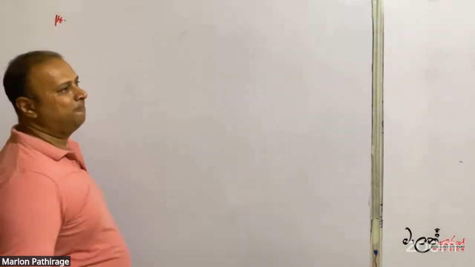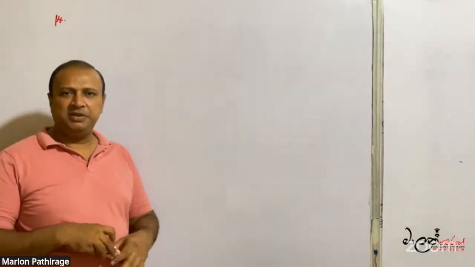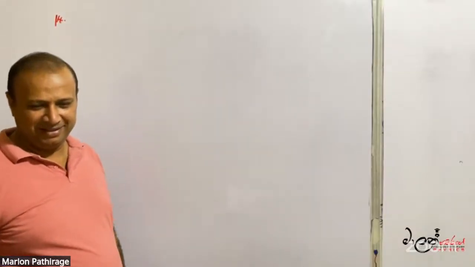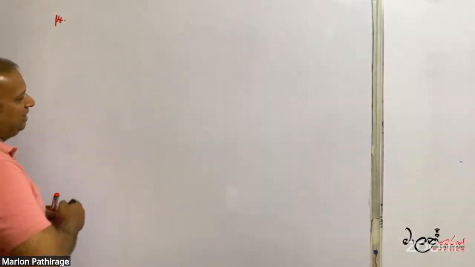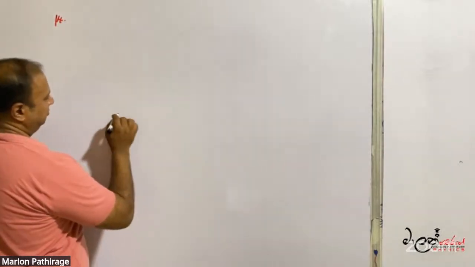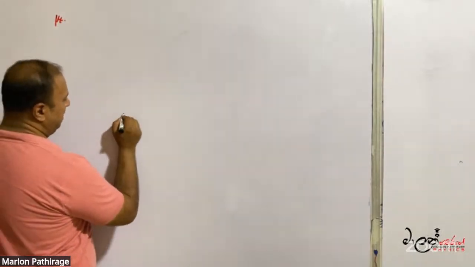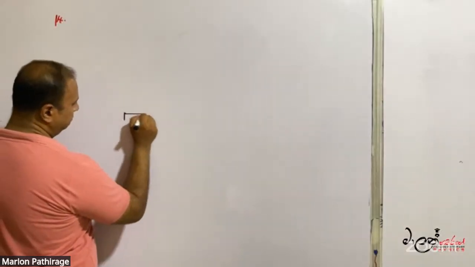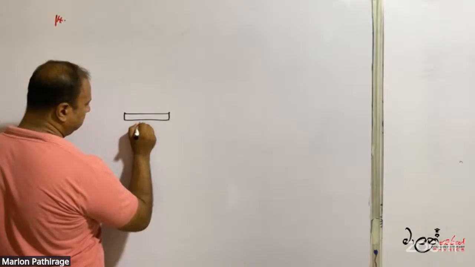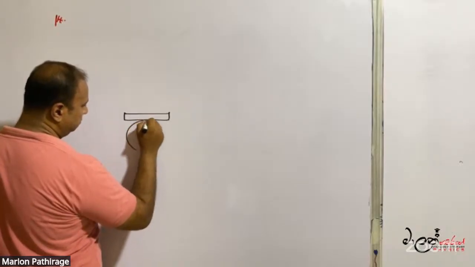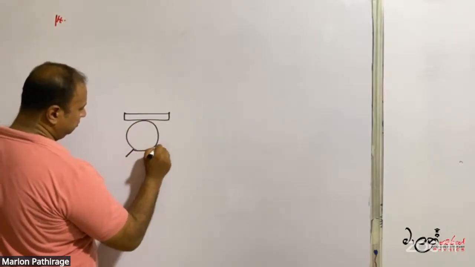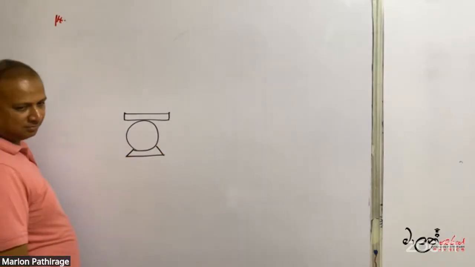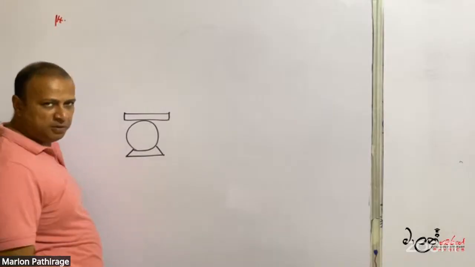Okay, what is the meaning of apparent weight? Look at this. This is a balance, a spring balance.